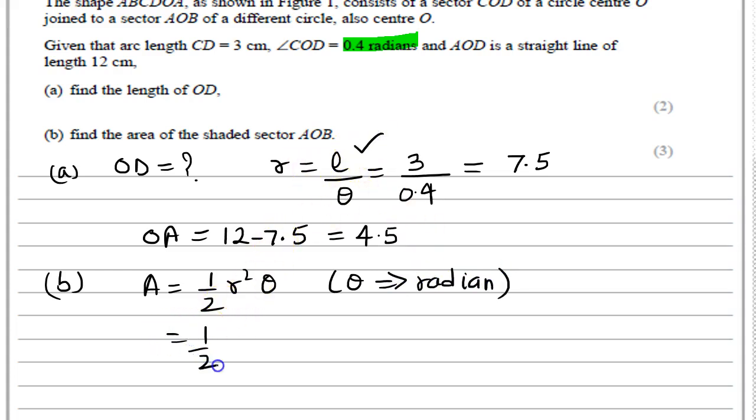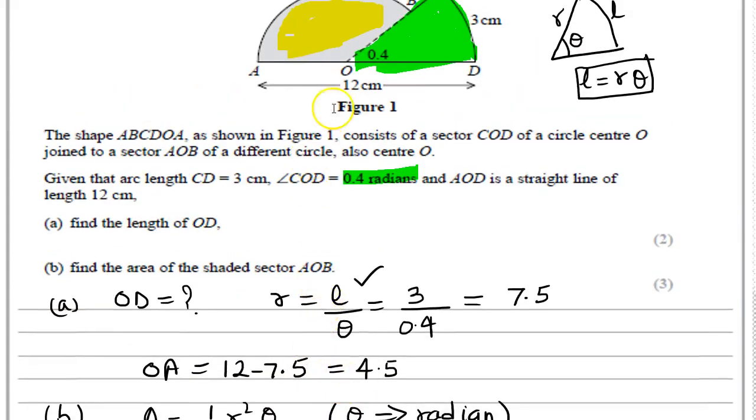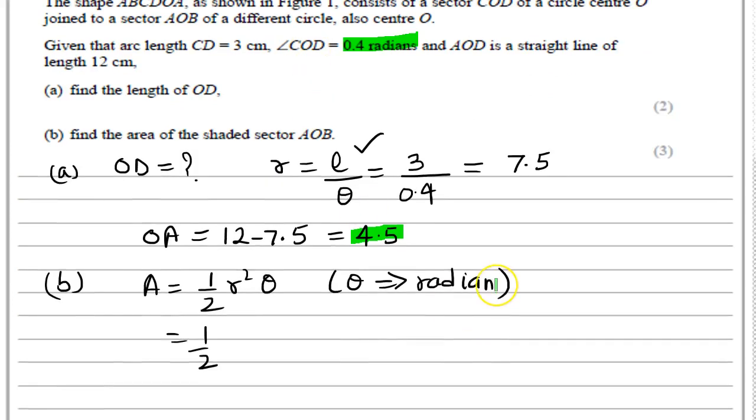So what is the radius here? Let's see the diagram. The radius is AO, which we have calculated as 4.5. So we are going to put radius 4.5. And what about the theta angle?